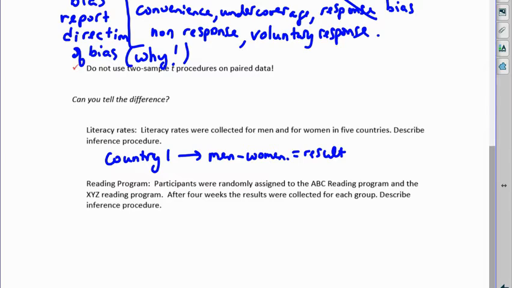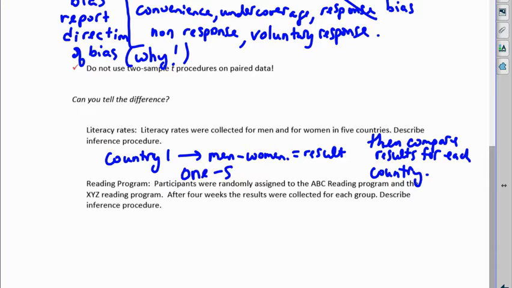And then you would compare results for each country. So that means you did the subtraction first. That would be a 1 sample procedure.